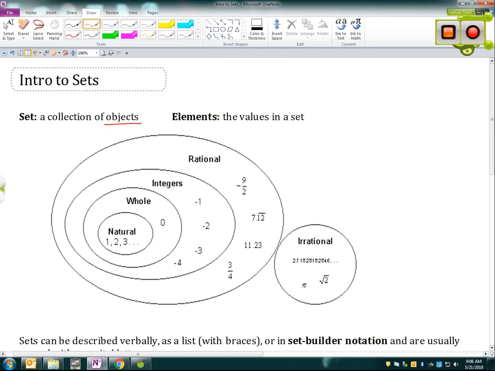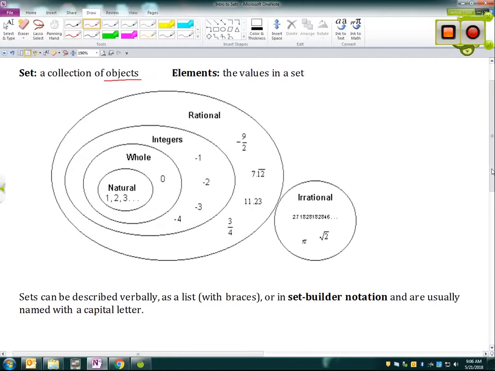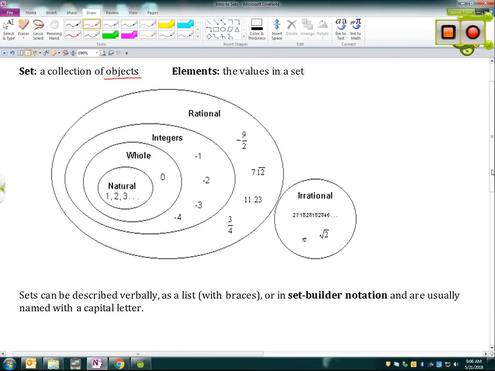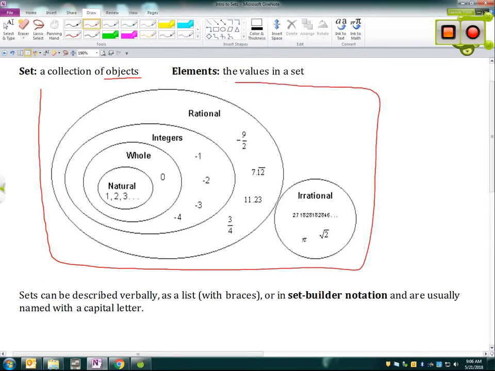Before we talk about sets in general, I want to talk a little bit about the ways that we classify numbers. It's kind of like we have a big giant box. Inside this box is the universal set of all numbers. And then we have this organizational chart that's actually called a Venn diagram, which will be talked about more in later sections.